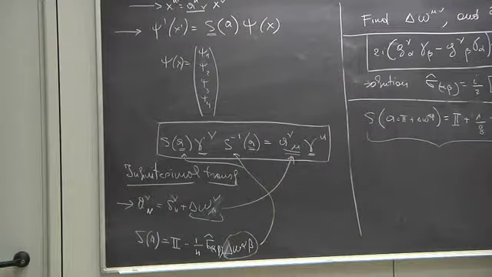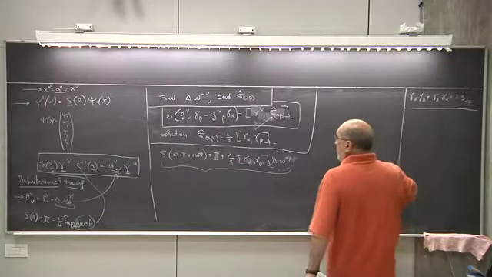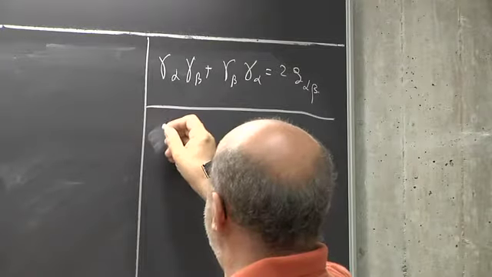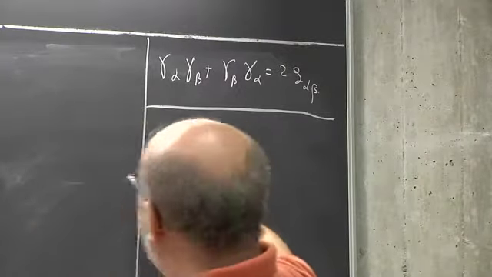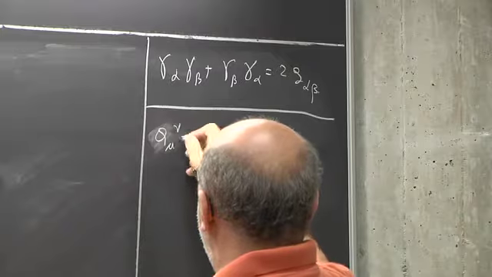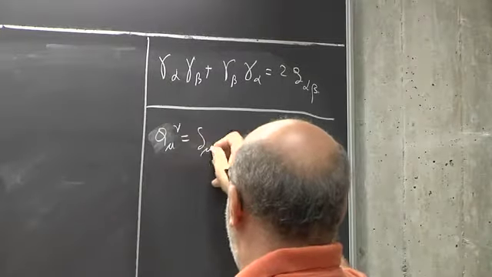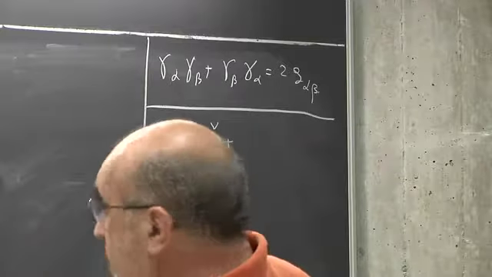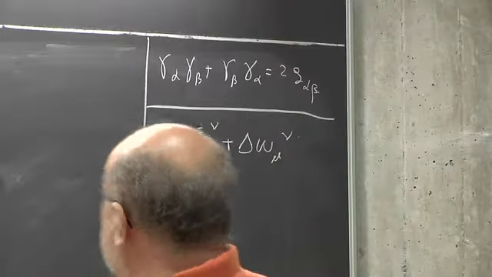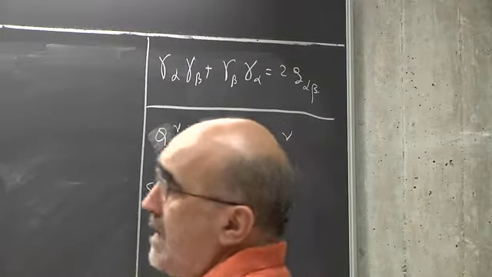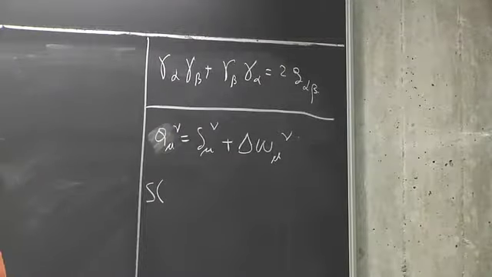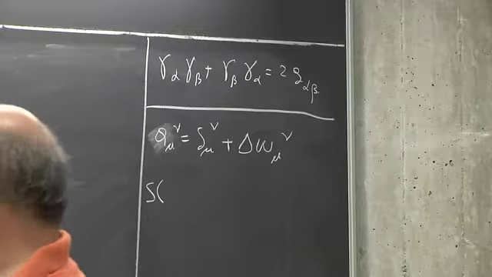Okay, so let's go and see how it is. Now, let me write down here the things that we need. So we have that S. Okay, A mu nu is equal to delta mu nu plus delta omega mu nu. And then we have that S. Let me indicate S of just this object, not A equal, because after all, this is a constant and S is only a function of this.